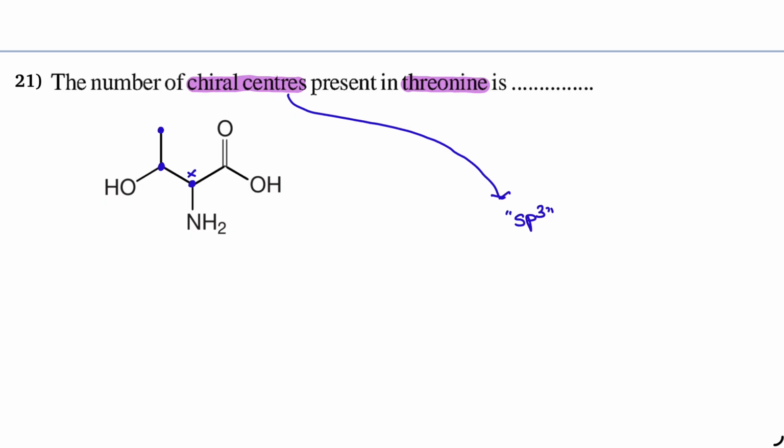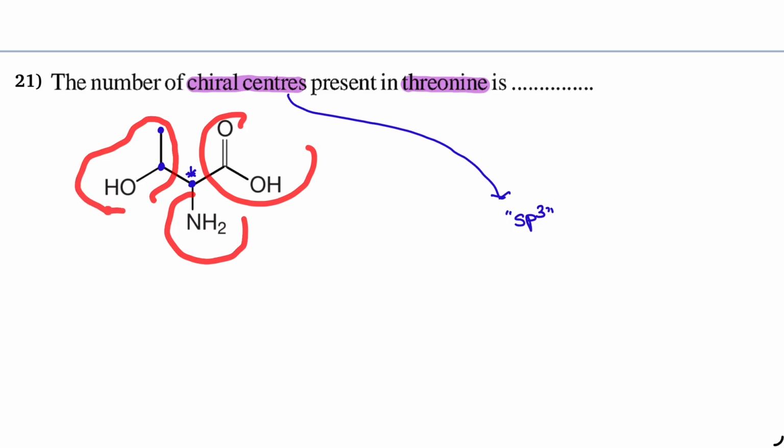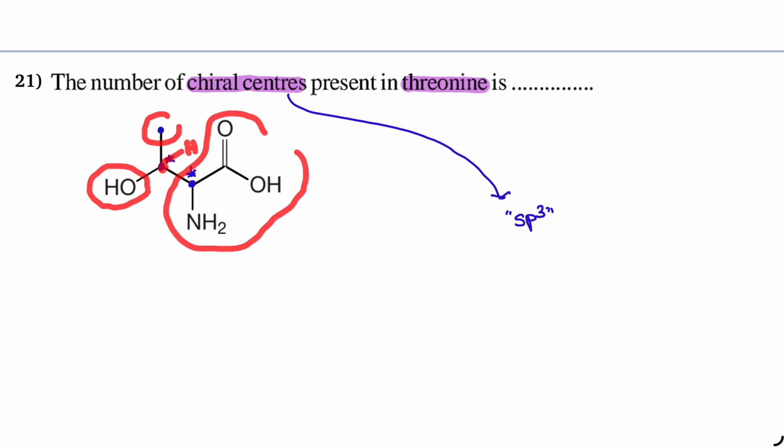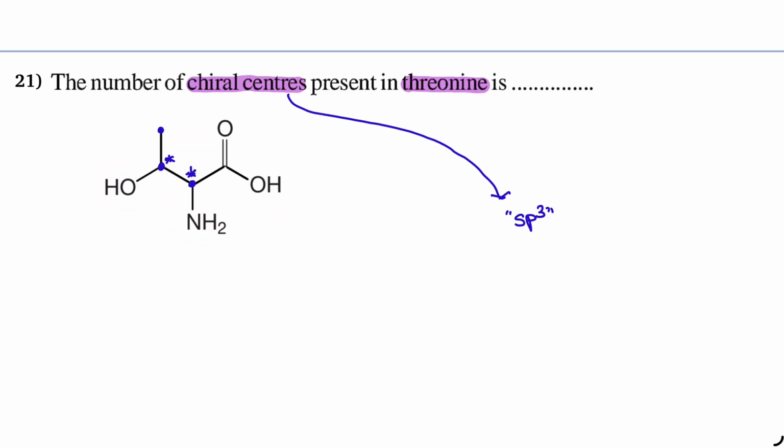This particular carbon is a chiral center because it has COOH, NH2, a hydroxyethyl group and hydrogen, 4 different groups. It is satisfying the definition. And the next one, this carbon is also a chiral center. The groups attached to this are a hydroxy group, a methyl group, hydrogen, and this bulky group. Totally 309 has 2 chiral centers.